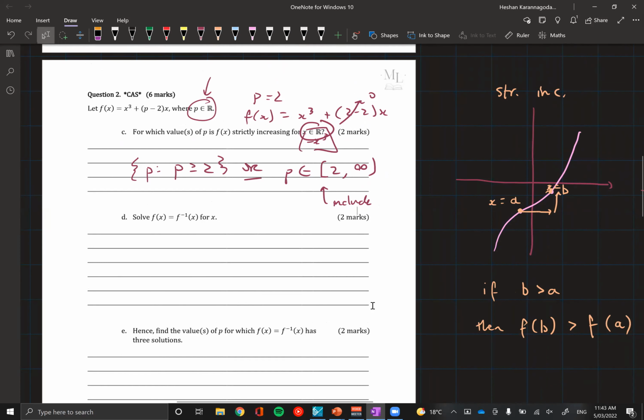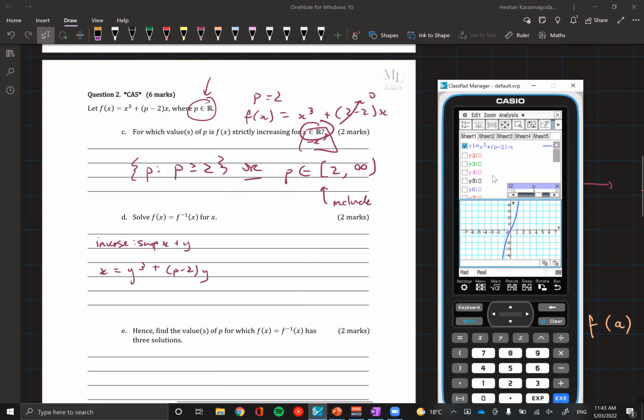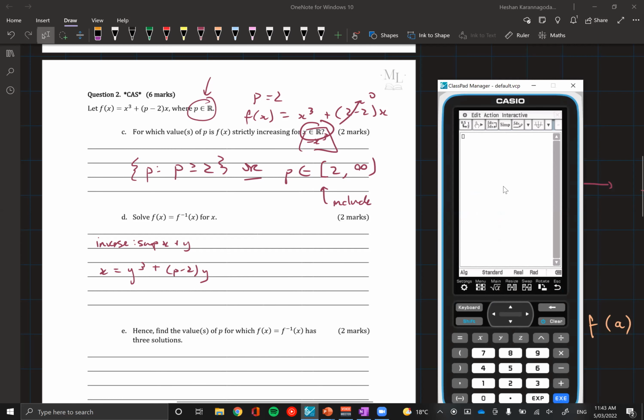So we should know for inverses, mind you, I'm just thinking aloud right now, for inverse, we have to swap x and y in general. So in this case, x is equal to y cubed plus (p minus 2) of y. And then we just solve for y. So let's try to do this with the calculator and just solve for y.